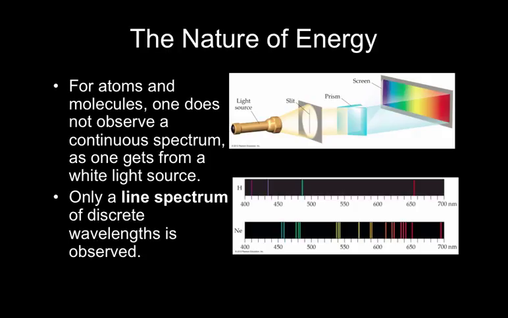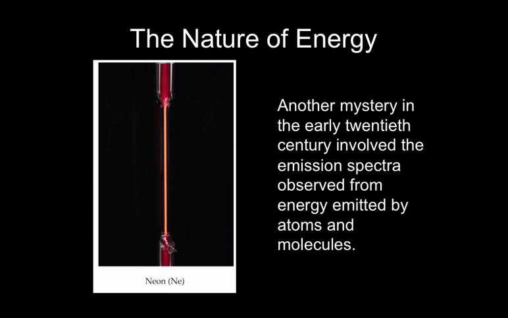What they noticed was the difference between white light passed through a diffraction grating or a prism, where you see a continuous spectrum, which you see at the top there, versus when you run electricity through something that only had an element in it, like the neon light in the last slide, that bright orange color.